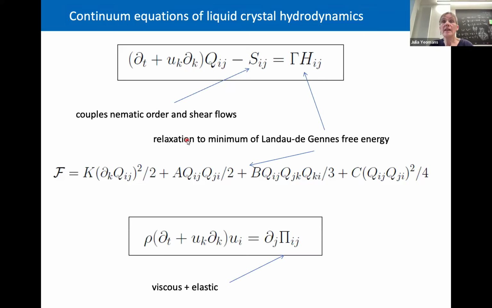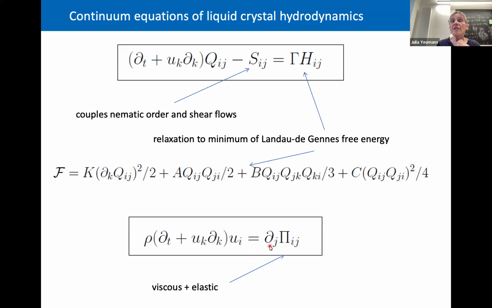So then I also need an equation for the velocity field. And the way I've got it written here, it looks just like the Navier-Stokes equation. The things on this side are the inertial terms, which you can sort of forget about at these tiny length scales.